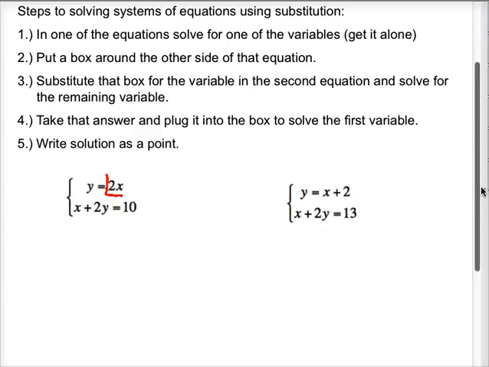So what I'm going to do is highlight and box the other side of the equation. Okay? So I'm going to box what y is equal to. And why I'm doing that is because now I can take that and substitute that in for the y in the other equation.